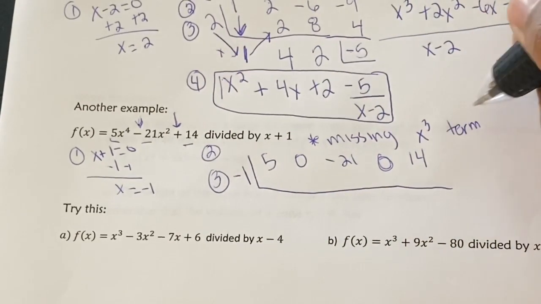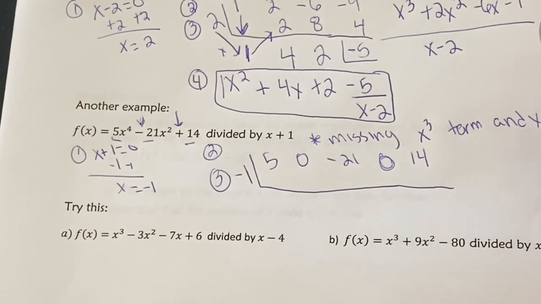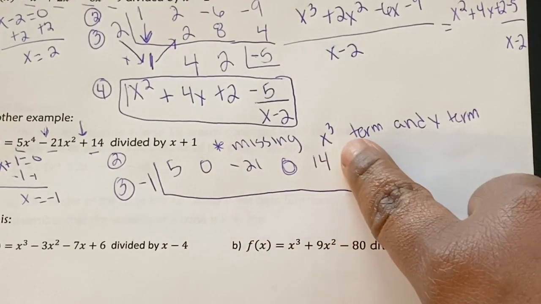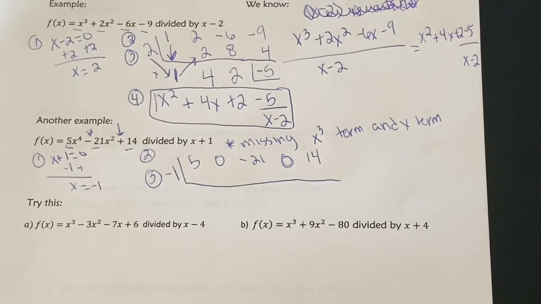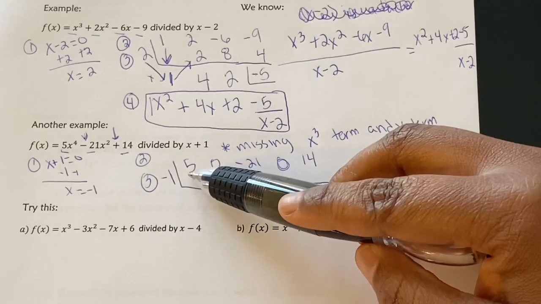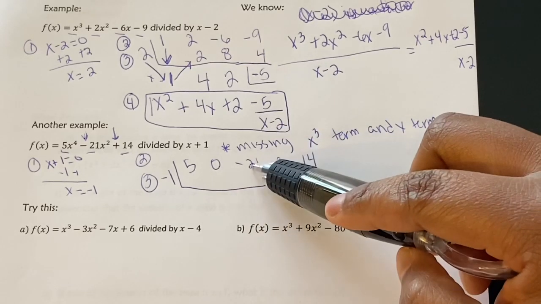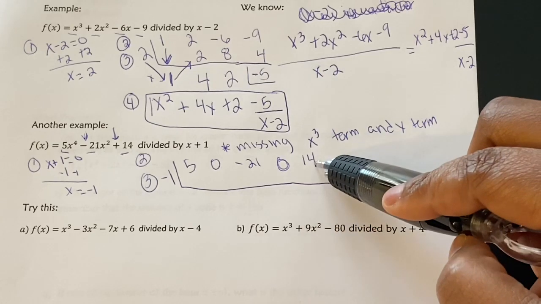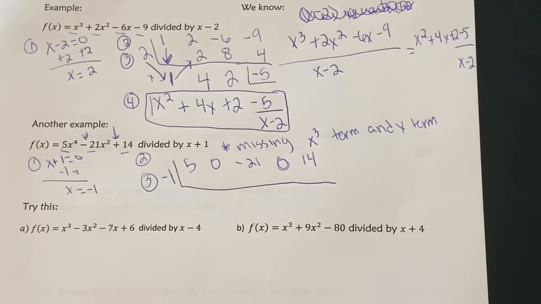So it's missing an x cubed term and an x term, so I had to replace them. So this is 5x to the 4th, 0x to the 3rd, -21x squared, 0x, and then 14. That can be a little tricky. You have to make sure you're looking to see if you're missing any terms.